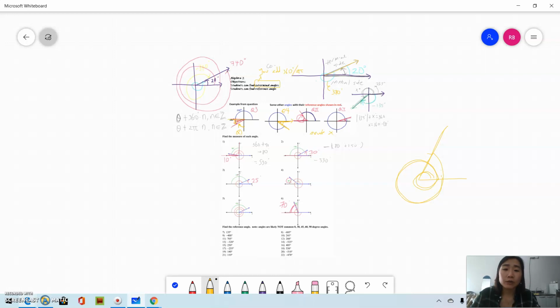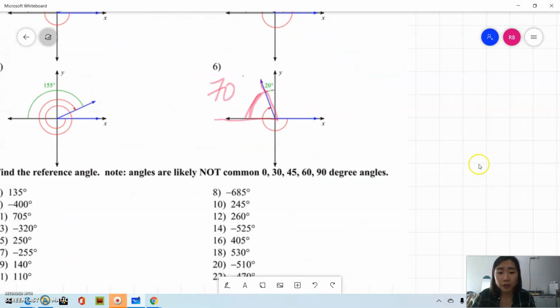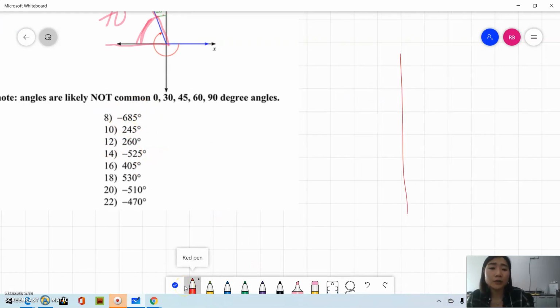Lastly, you need to be able to find reference angle when I give you either a graph or just a number. So let's see the question with just numbers. All right, let's start with 245 and then I will just do number 8. Okay, so it helps for me to draw approximately where this angle is so that I know how to get it. So 245 degrees is more than 180, but it's less than 270.